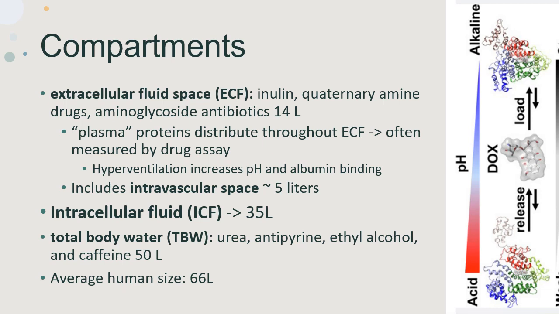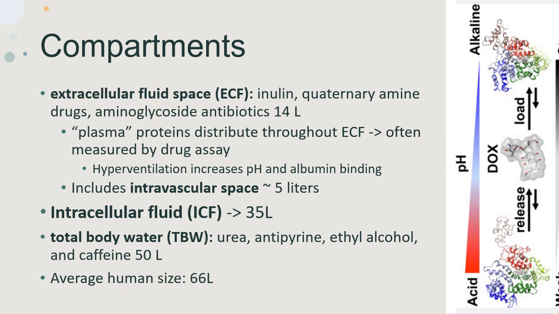There are some drugs like caffeine and urea that can go through all water, and can also go freely through membranes. So because we know the total body water, we can calculate the intracellular fluid. Just so you know, the average human size is 66 liters.